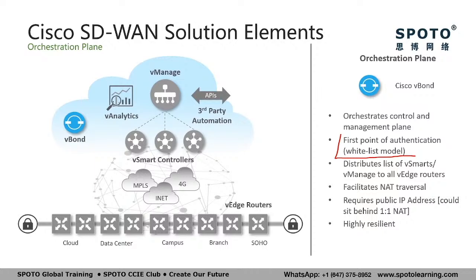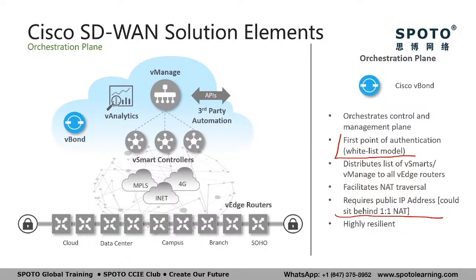The vBond orchestrator itself should reside in the public IP space or reside in the private IP space with one-to-one NAT. We will explain more details about NAT in the next slide. Just remember, vBond requires a public IP address, or a private IP address but with one-to-one NAT to the public IP address.